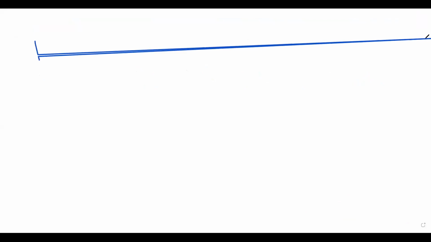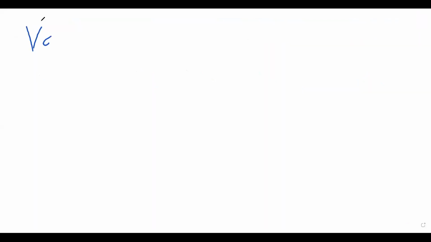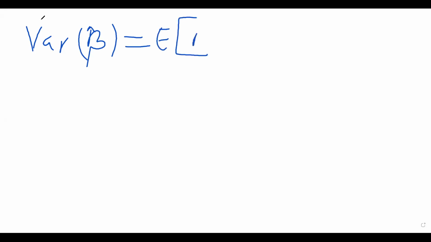We are going to prove that the variance of beta cap is equal to the expected value of beta cap minus beta, times beta cap minus beta prime.